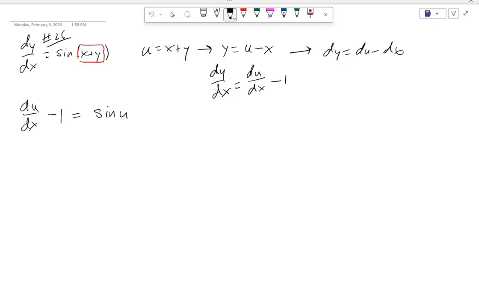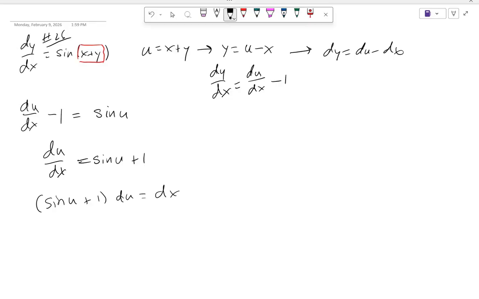Let's rearrange it a little bit. du/dx is sine of u plus 1. And rearrange, now this is separable. I get 1 over sine of u plus 1 du equals dx.